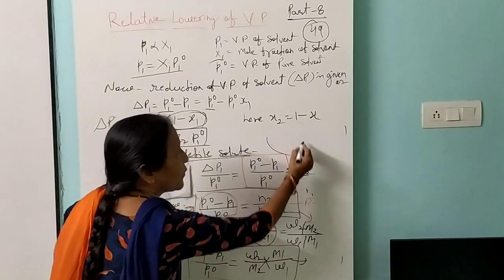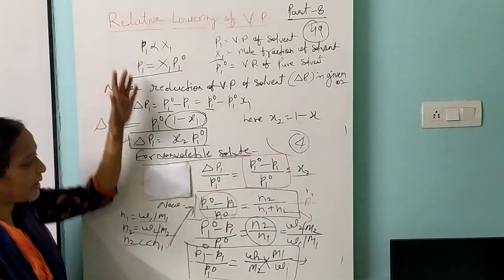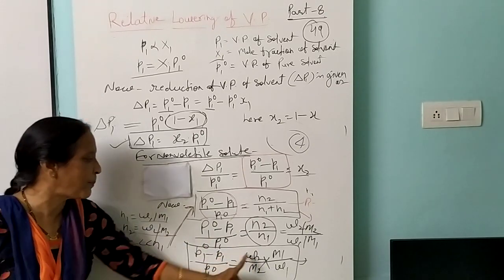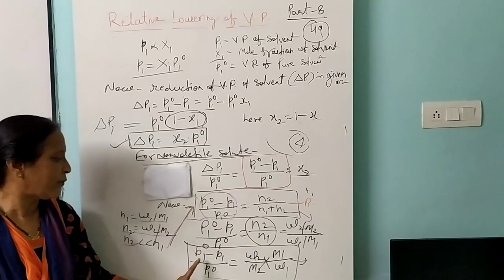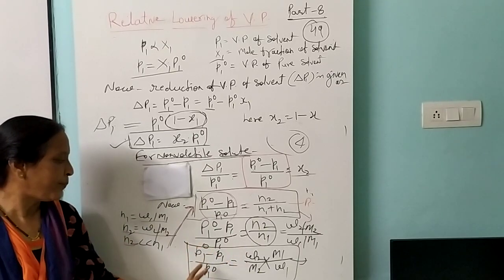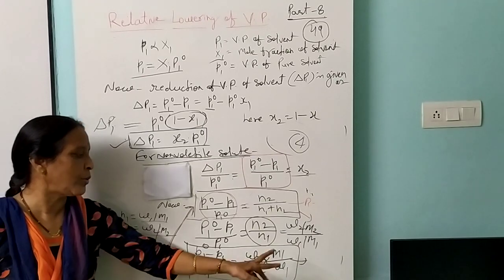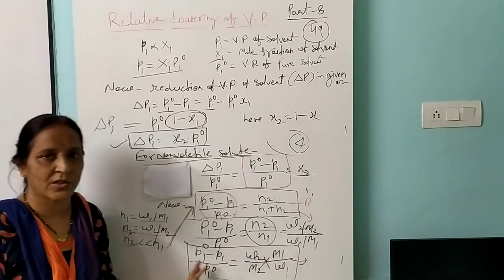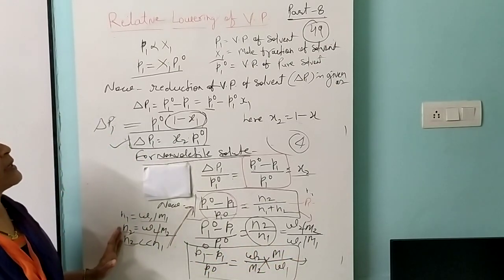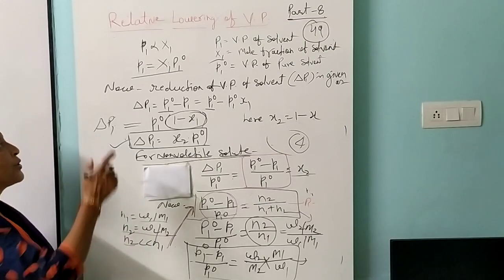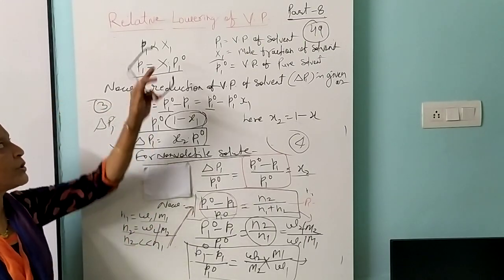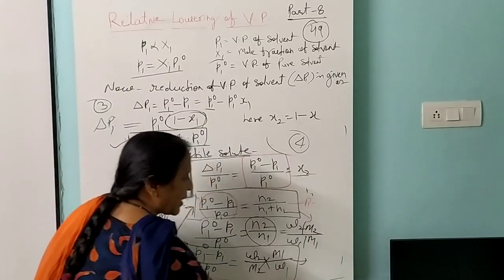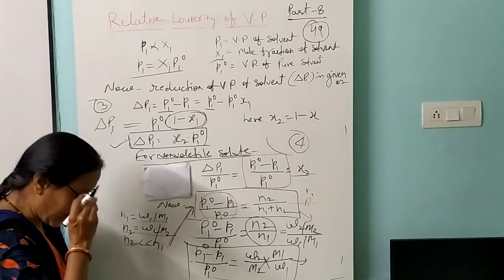If the question is of 4 marks, then after completing the derivation I have to explain the meaning of P1⁰, P1, W2, M2, M1, W1, because the examiner wants this also. Generally relative lowering in vapor pressure is asked for 3 marks, so in 3 marks it is completed here.